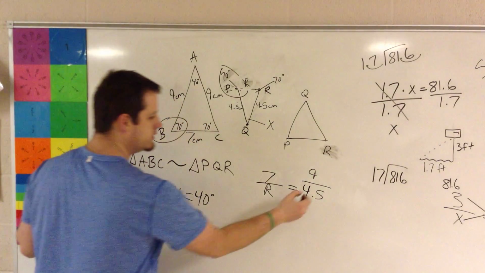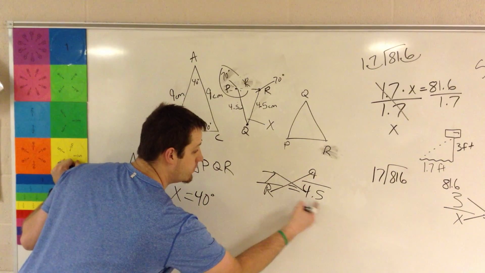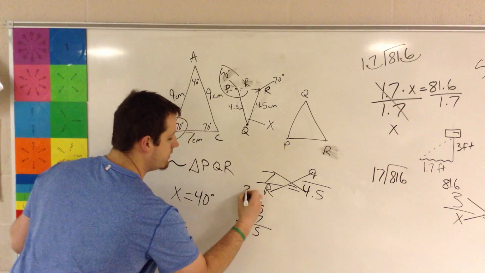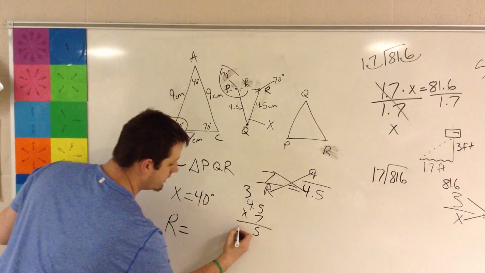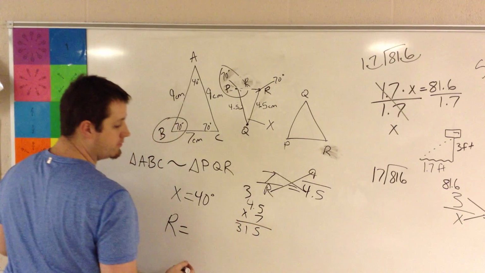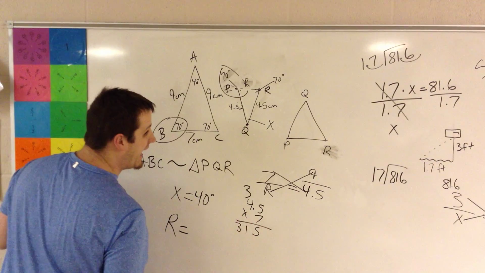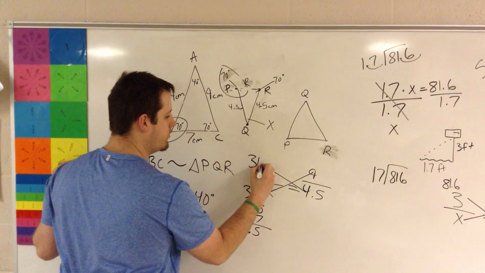Okay, how do I solve this? Cross product. So it's 4.5 times 7, that's 35, that right there, 28 plus 3, 31. How many numbers behind the decimal? Only one. That 7 is not behind a decimal, only the 5 is, so I'll hop over once. This is 31.5.